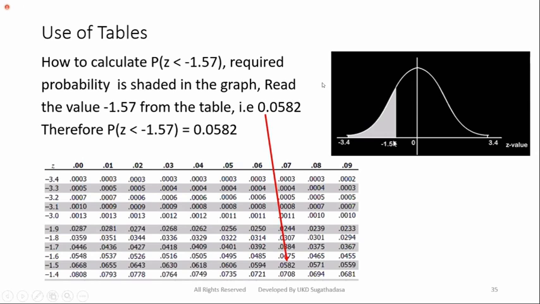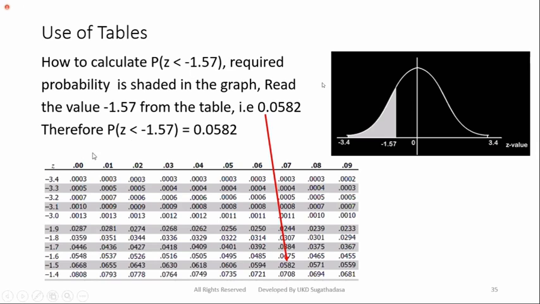Remember, table values are every time between minus 3.4 and 3.4. It won't go beyond this range, because almost all data of the standard normal distribution lie between these extreme ends, minus 3.4 and plus 3.4. Now read how to read the table.